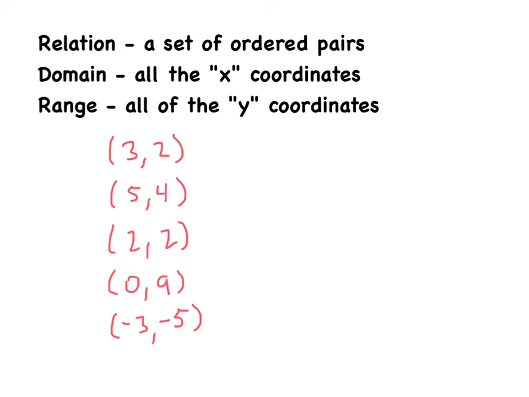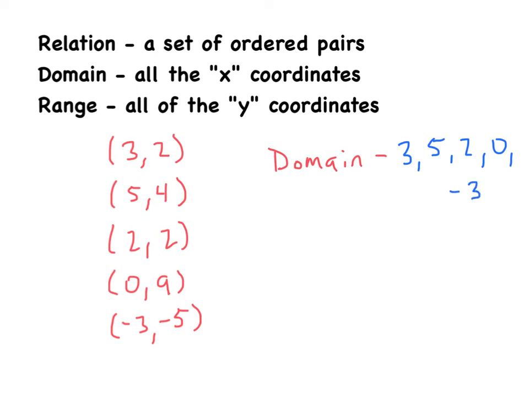Now the domain. The domain is basically all of the x-coordinates. The x-coordinates are the very first numbers, the numbers before the comma. So all the numbers in the domain are 3, 5, 2, 0, and -3.